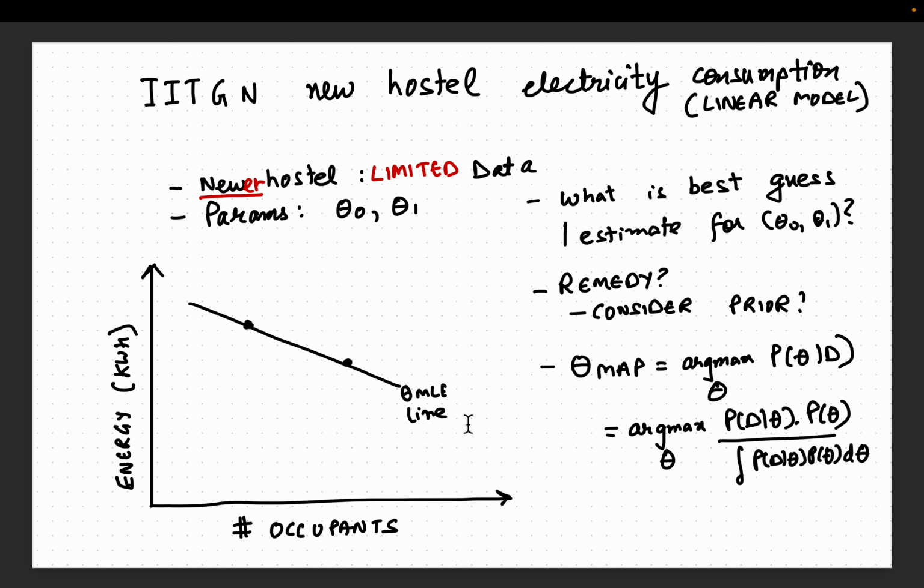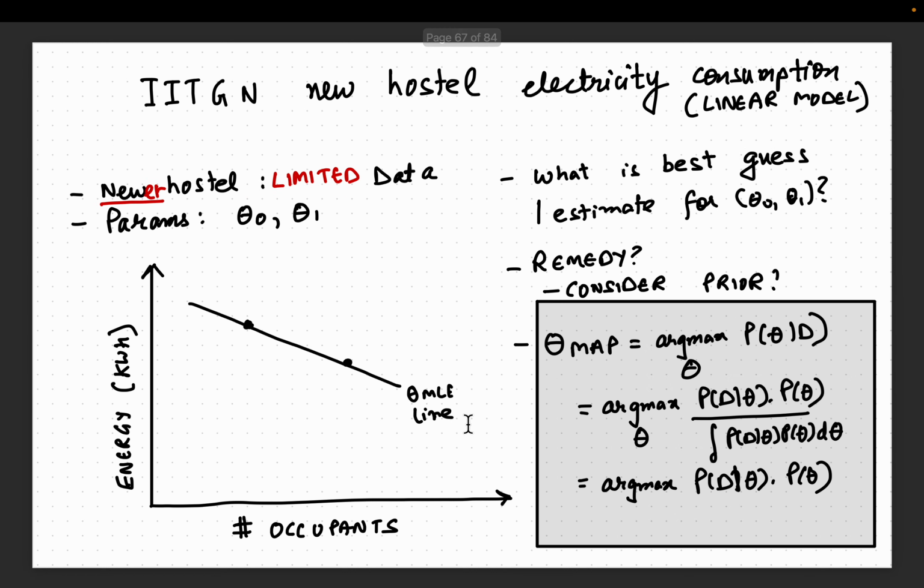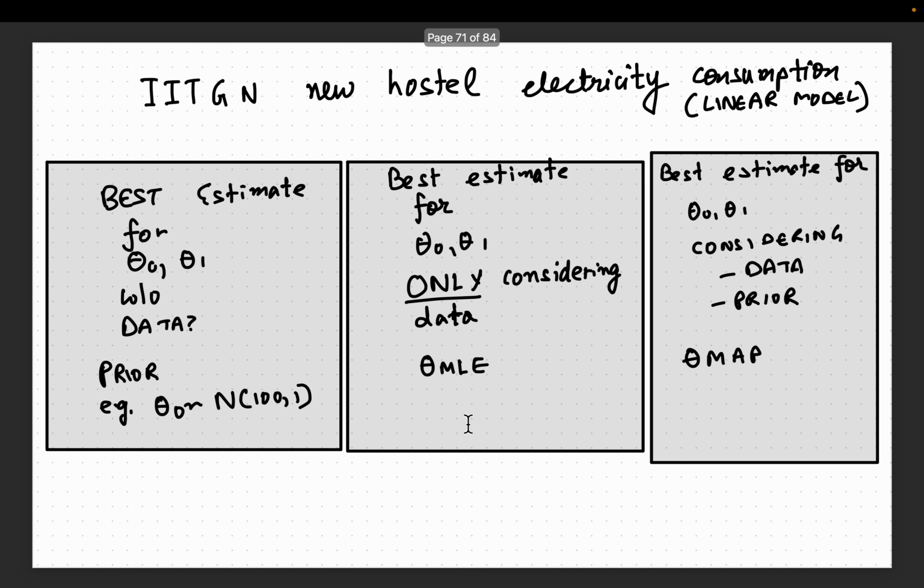It's a very hard constant to evaluate, but it's a constant. So the theta which maximizes the numerator is also the theta which is going to maximize the overall expression. So we want to find a theta MAP which maximizes the likelihood times the prior.